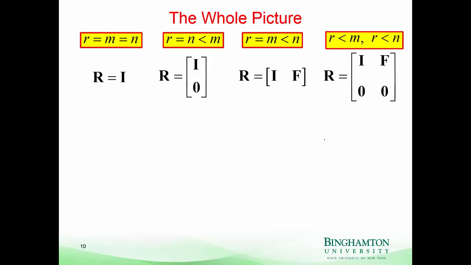So let's summarize how the book views the whole picture. This is the case we just looked at, which is full rank with a square matrix. We've got full column rank, and here we're saying explicitly less than, so we're eliminating the possibility of the square case happening.